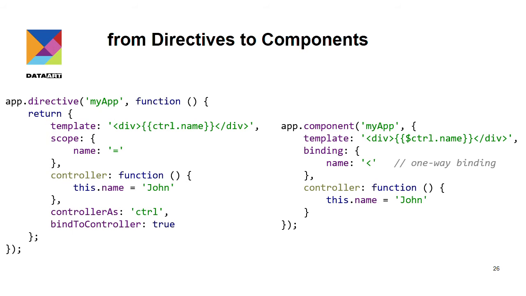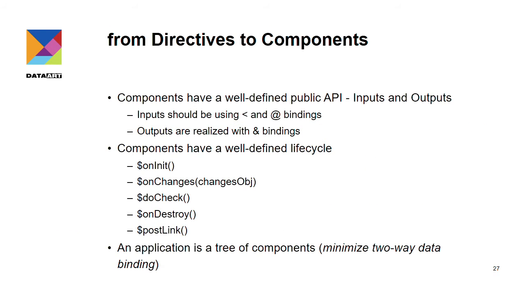This makes it easier to use Angular 2 styles of application, and this is from Angular's website, that it's really similar to what we have in Angular 2, that components have well-defined public APIs.